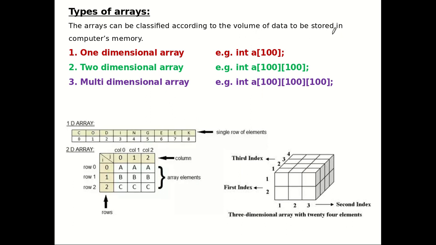Types of array: arrays can be classified according to the volume of data to be stored in computer memory. They can be classified into 3 groups: one-dimensional array, two-dimensional array, and multi-dimensional array. One-dimensional array will have a single row. The two-dimensional array requires a row value as well as a column value. One-dimensional array is used to handle a linear list of elements, or sequential information.